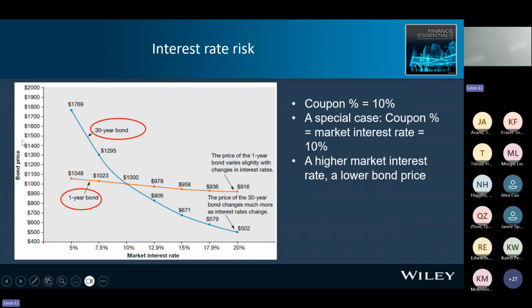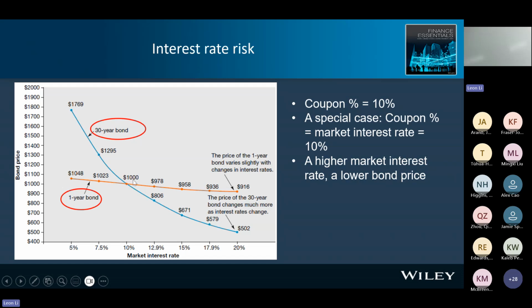So the vertical line is our bond price. The horizontal line is market interest rate. So you can see a negative or downward sloping curve. Please note it's not a straight line, it's a curve, or in particular a concave curve, right? But we don't need to know the concave, you just know the negative or downward sloping, right?